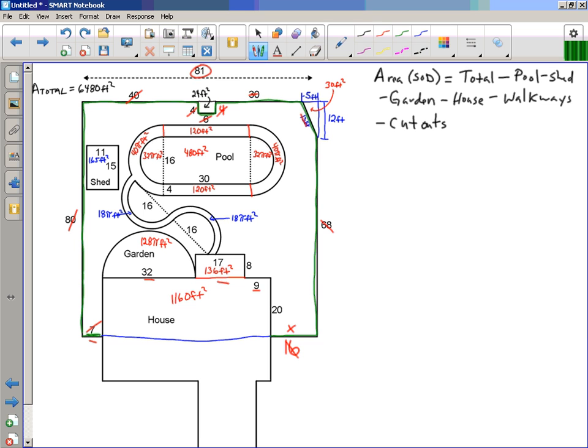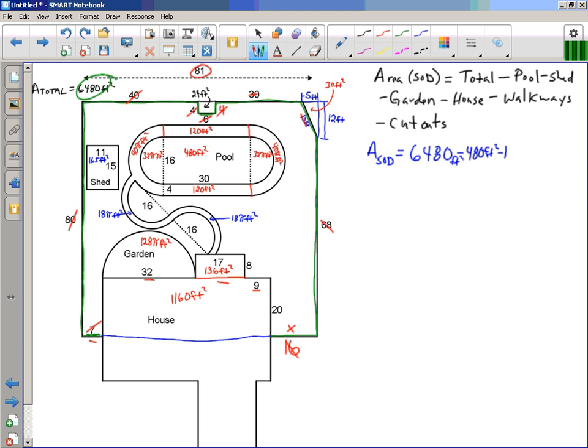We already know that the area of the total was 6480. So the area that we're going to sod is going to be 6480 minus the pool. I'm just going to add all these things together here. So minus 480 feet squared. Why didn't I put that in there?